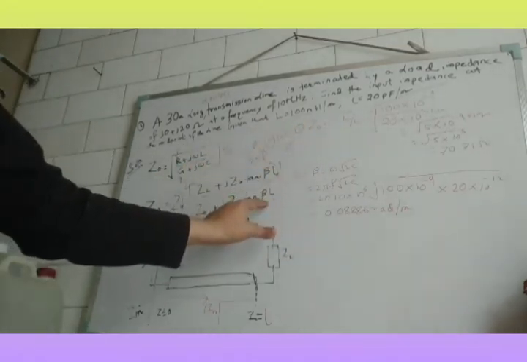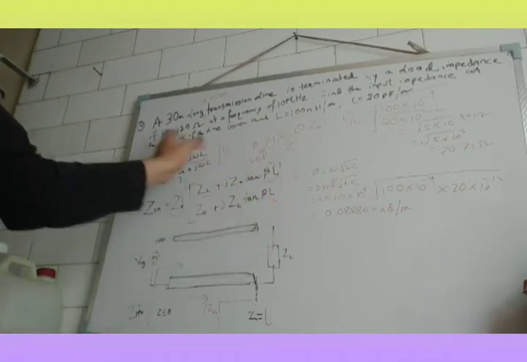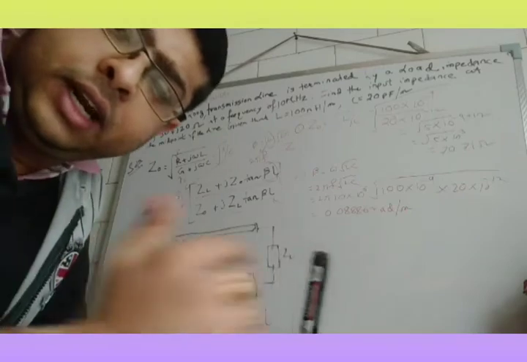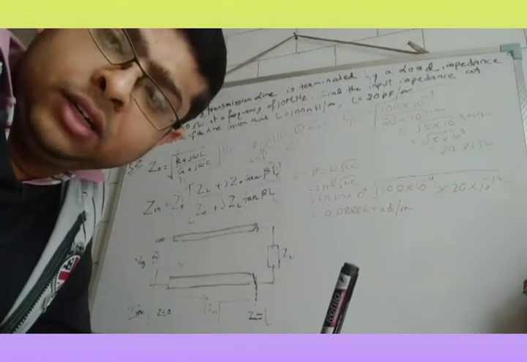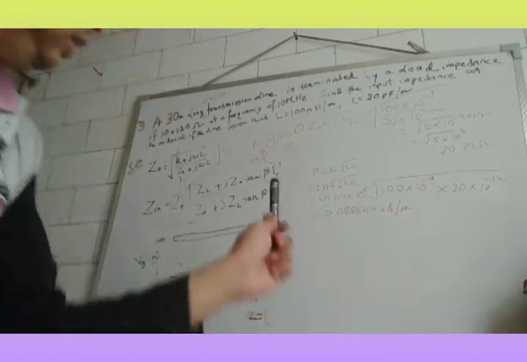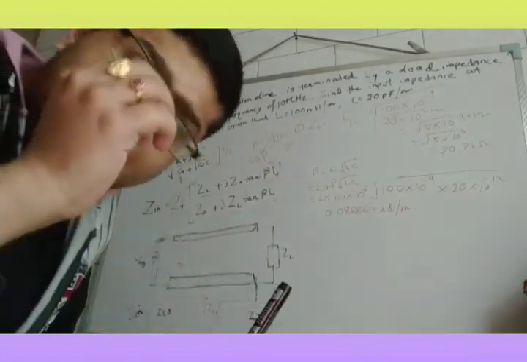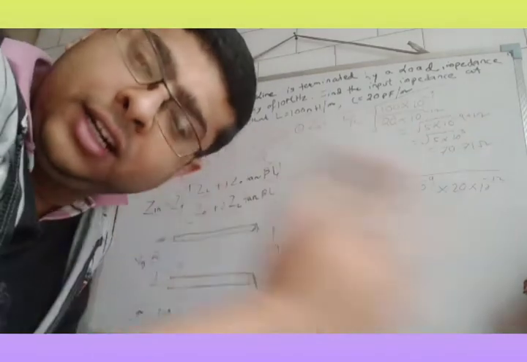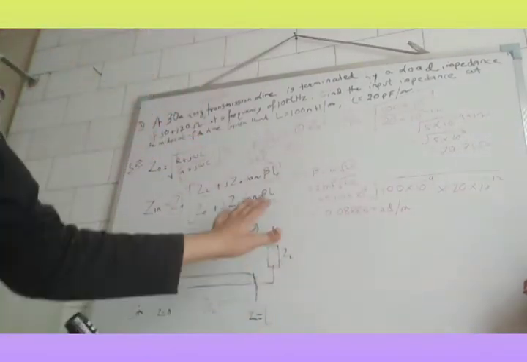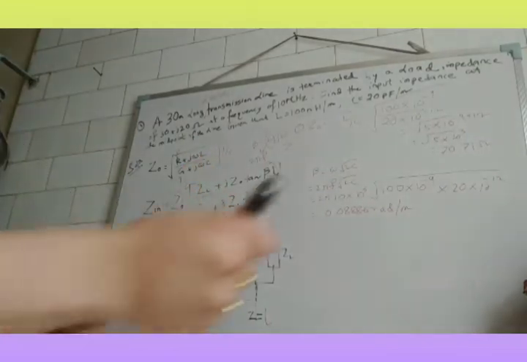Remember, again I am writing for this case, you are asked to calculate from the midpoint of the line. Midpoint means whether from the generator end or load end, that doesn't matter, because we are calculating the midpoint. So you can directly write 15. Either you can directly write 15 or you can write 30 minus 15, that will also be 15.